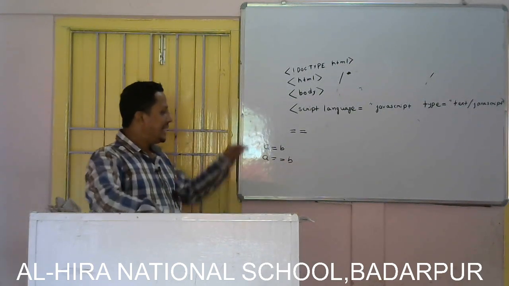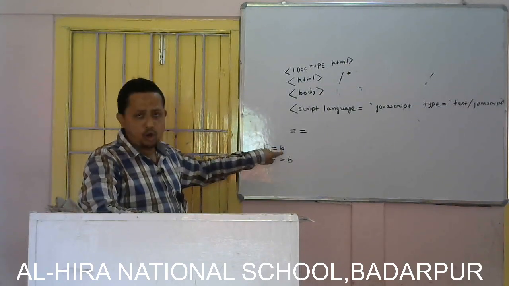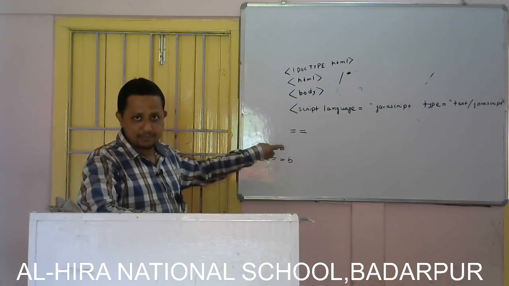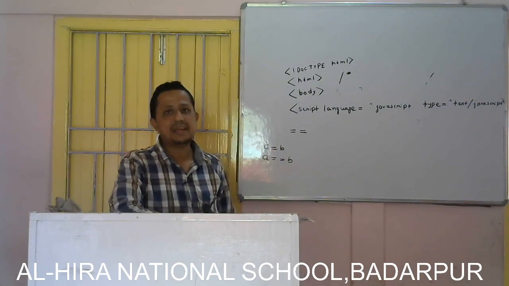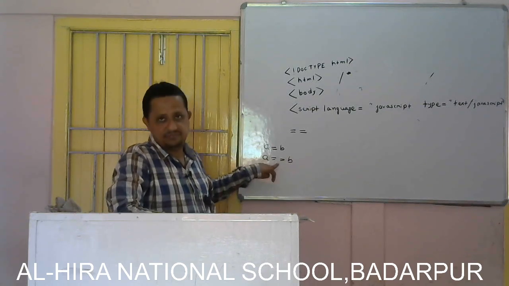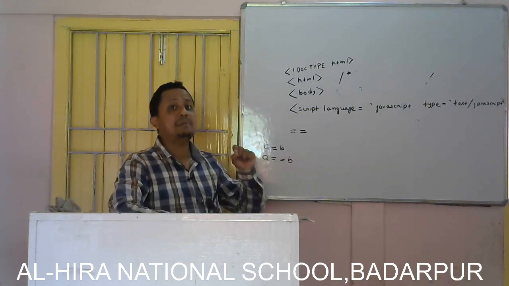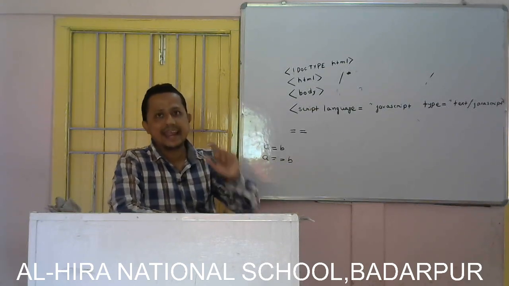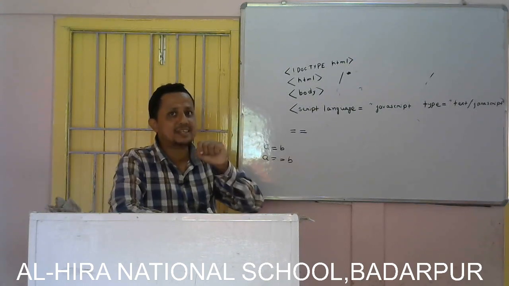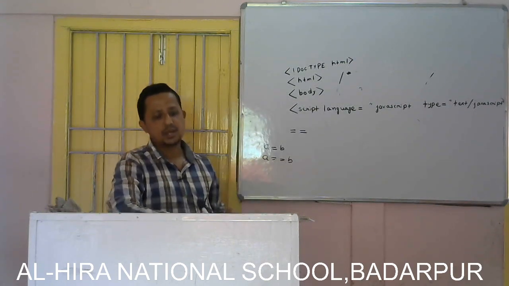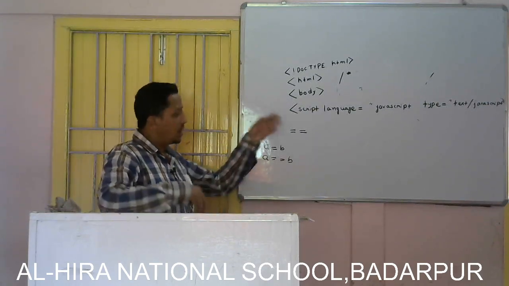A is equal to B means the value of B is assigned to A. Here, A double equal to B means it checks whether A is equal to B. And the result of this operation is either true or false, because it is a comparison operation.